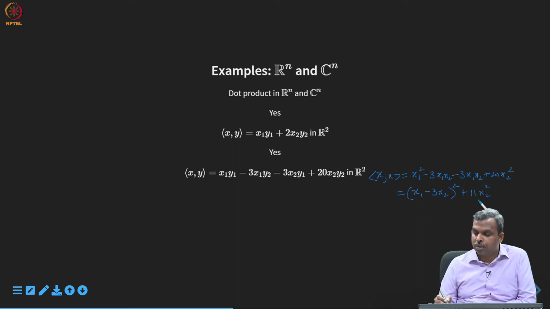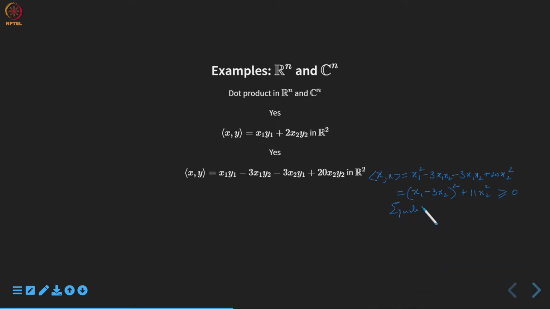So, this form is quite important. This is clearly greater than or equal to 0, and equality if x1 equals 3 x2 and x2 equals 0, isn't it? Together that implies x1 equals x2 equals 0. So, positivity and definiteness are satisfied.